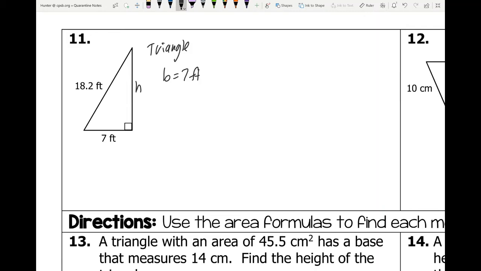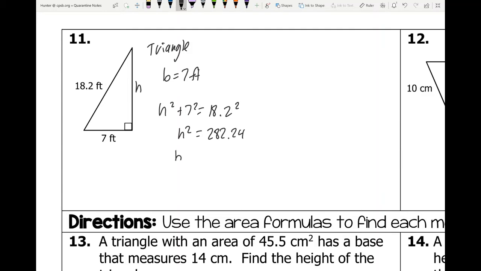So I can use the Pythagorean theorem to find it. I know that the height squared plus 7 squared is equal to 18.2 squared. So height squared is just equal to 282.24.